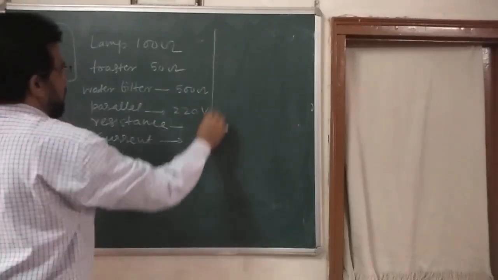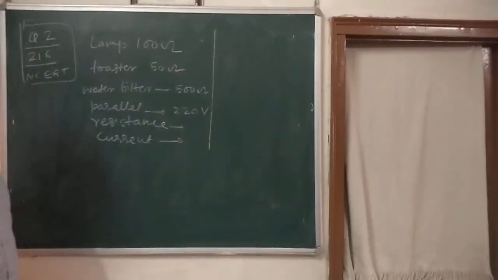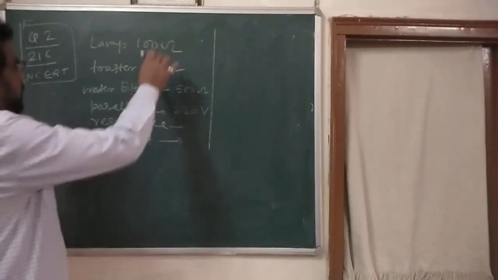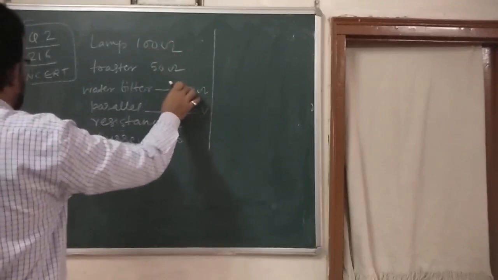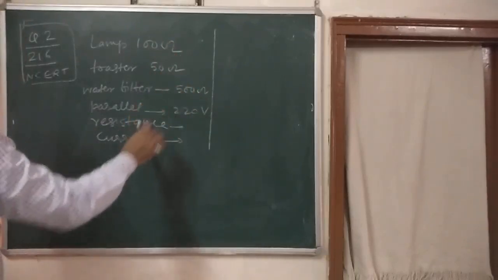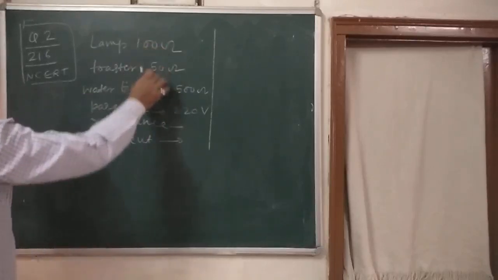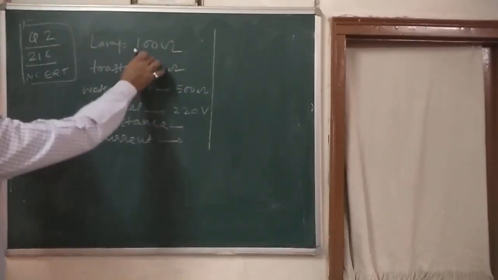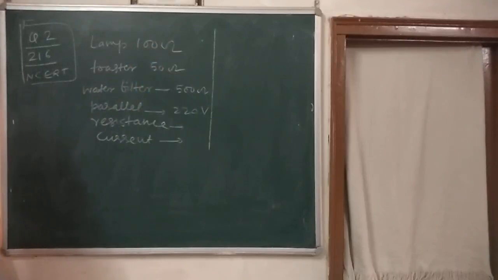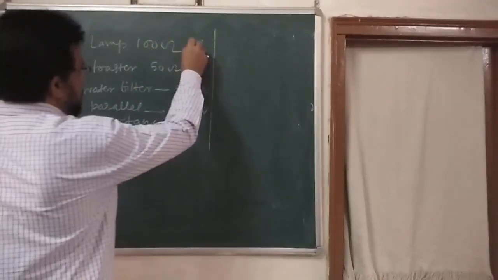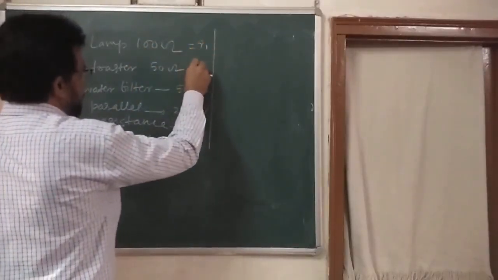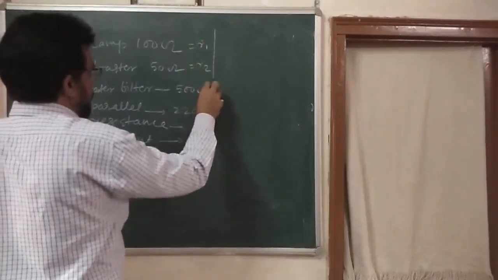So these are the things given to us. Now, so dear children, these 3 devices are connected in parallel. So what we have to do? We are going to find out the equivalent resistance of parallel combination. The 3 things which are given, say suppose here is R1, here is R2 and here is R3.